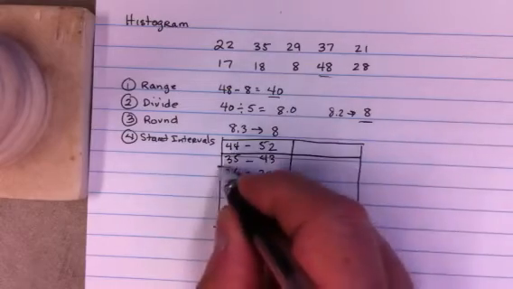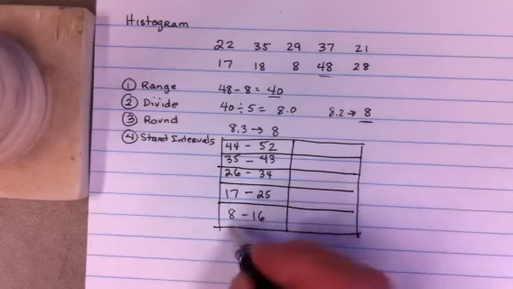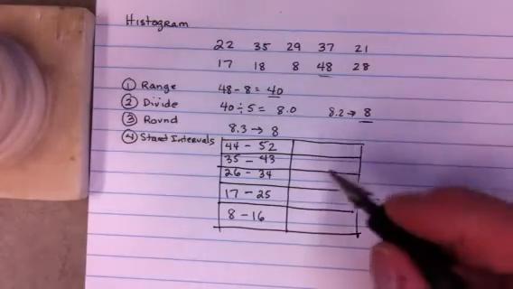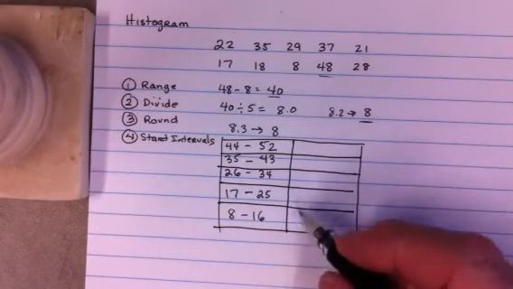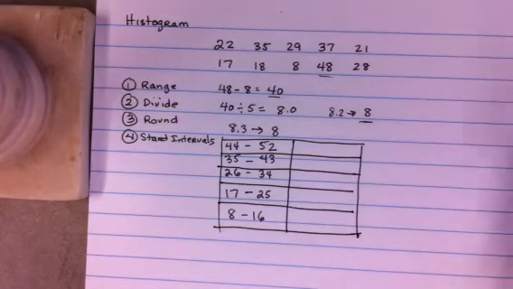Now these are intervals. You might think of these as bins where we're going to throw numbers into each bin. I'm going to do a little tally mark for each number that fits in each bin.